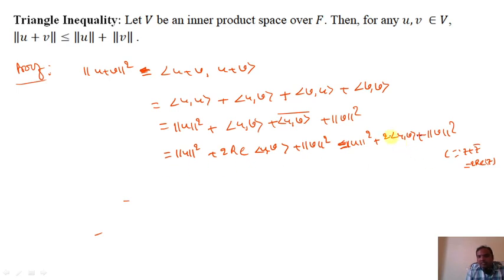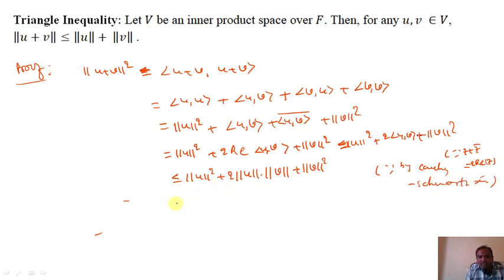But by Cauchy-Schwarz inequality, this is less than or equal to norm u square plus 2 into norm u into norm v plus norm v square. This is the same as you can write norm u plus v whole square less than or equal to norm u plus norm v whole square.